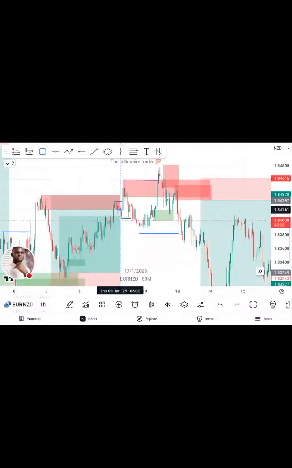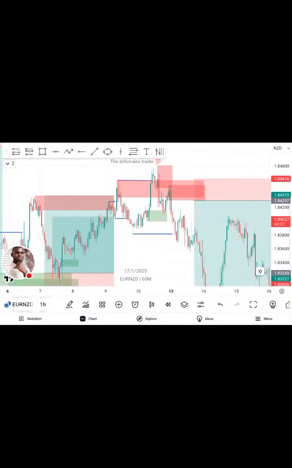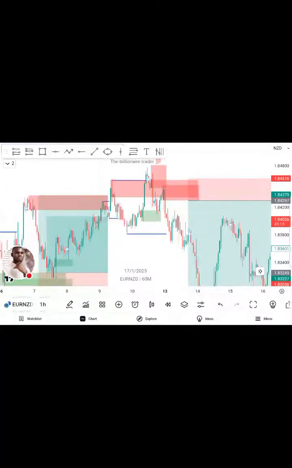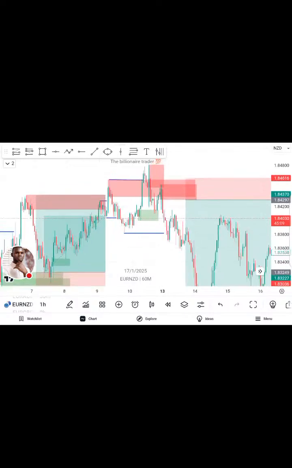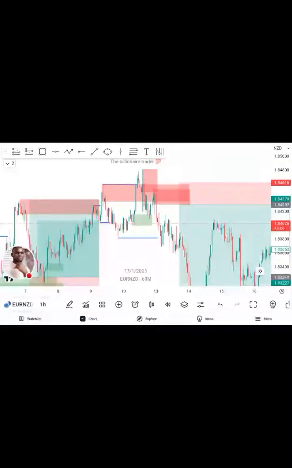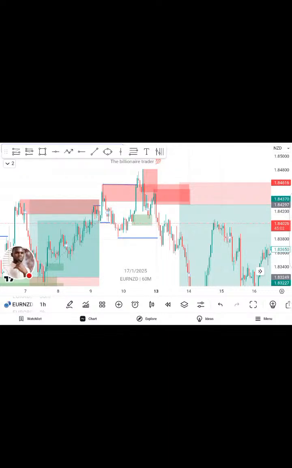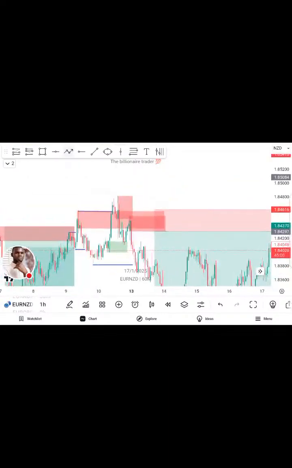That sell failed. So after failing, we start to have it back. Then we have supply. So there is an exchange of power between the buyers and the sellers. Then we have this low being taken out. So it still follows the pattern, something like this, like this.